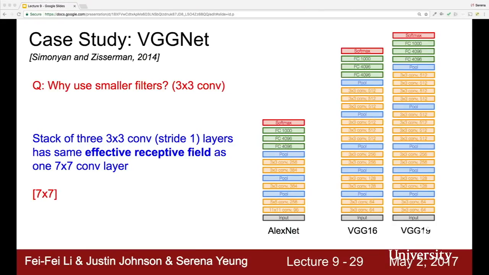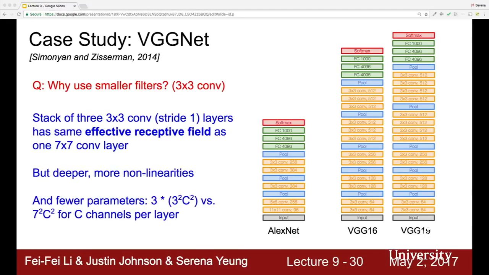So the second layer is actually looking at a 5 by 5 receptive field. Then if you do this again, the third layer is looking at 3 by 3 in the second layer, but if you just draw this pyramid, it is looking at 7 by 7 in the input layer. So the effective receptive field here is 7 by 7, which is the same as one 7 by 7 conv layer.